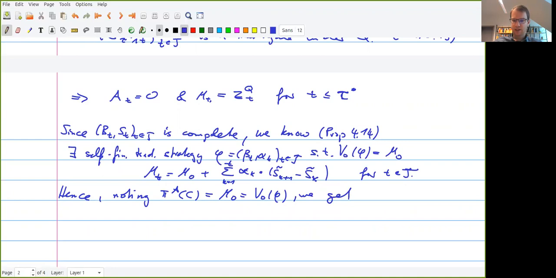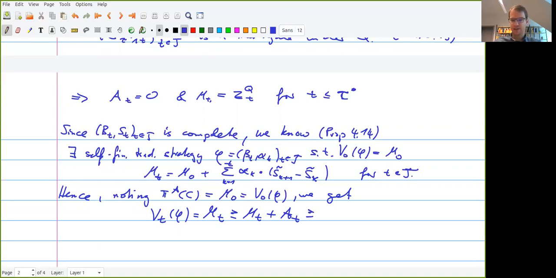And what else do we get is, well, if we look at the value process of this self-financing trading strategy, this is equal to M_t. Well, this is by construction the case. But M_t can be estimated from below by M_t plus A_t, because A is a process starting from 0 and then going down. So this is negative. So if we subtract something, then, well, this gets smaller.